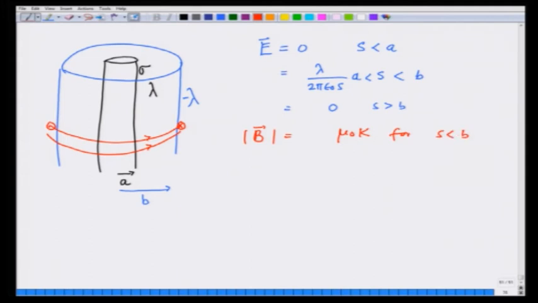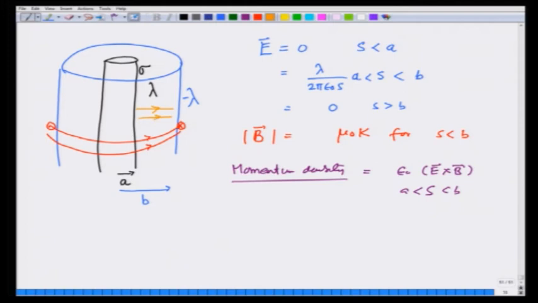And therefore, there is going to be a momentum density which is going to be epsilon 0 E cross B between A and B. It will be non-zero only between A and B and 0 otherwise. Let us see the directions. The E field is pointing away from the inner shell.